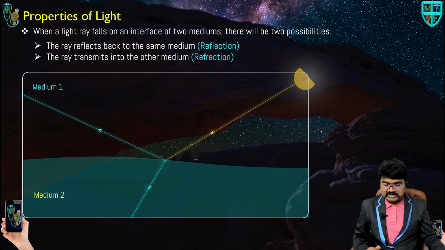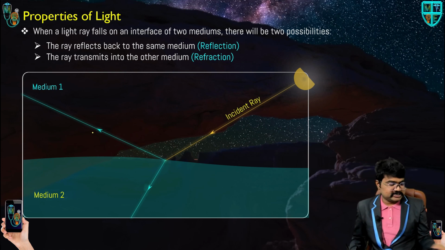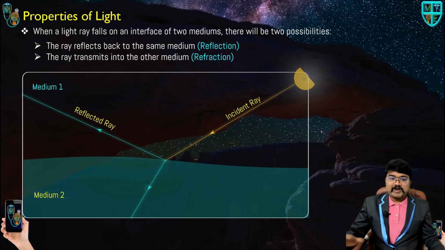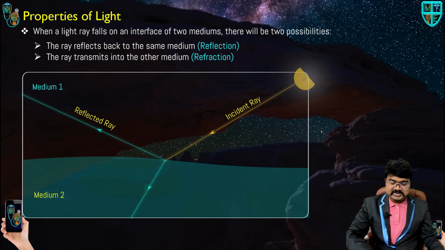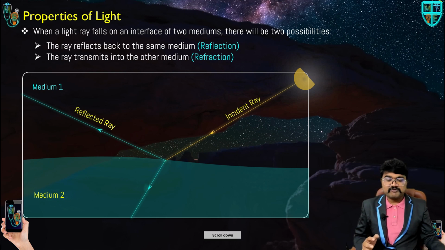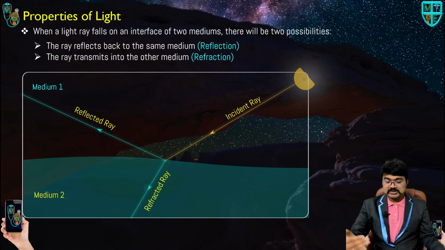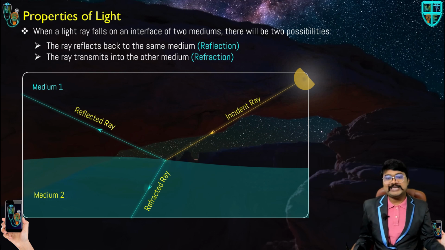Okay? So this incident ray, the reflected ray, goes back to the same medium. Incident ray and reflected ray are both in the same medium. Understood? But this refracted ray is transmitted into the other medium.